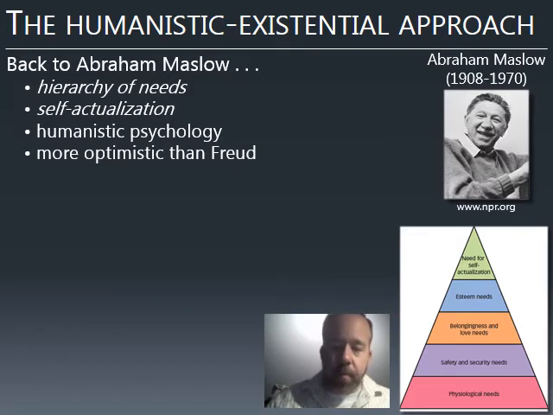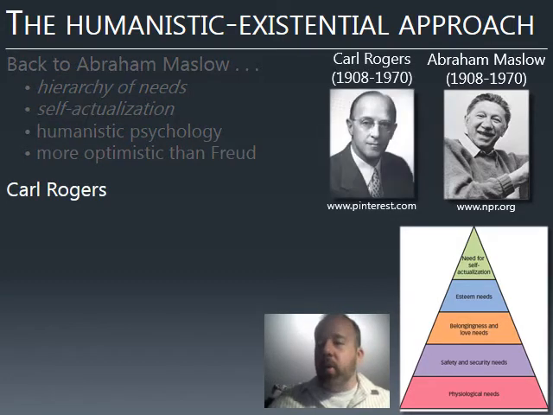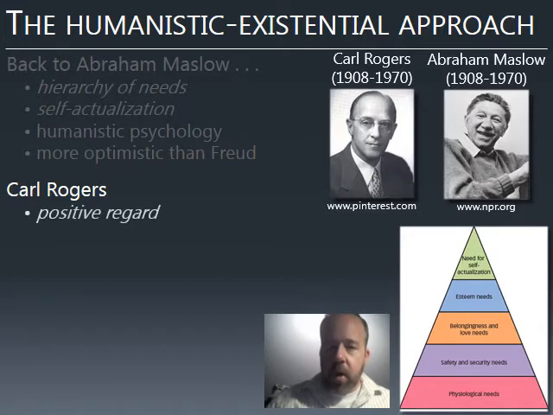best people they can. Now, another important individual in humanistic psychology was Carl Rogers, who doesn't really get talked about in your book. And Carl Rogers emphasized the need for what he called positive regard, and that is kind of like the golden rule, where if someone treats you positively, you are more likely to turn out to be a well-adjusted individual.